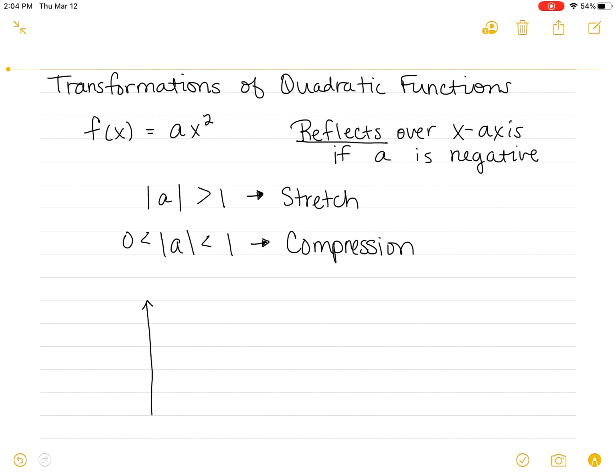Okay. Just looking at a couple of graphs, I want to remind you what happens graphically. If I have my x squared graph, so 1, 1, 2, I'm up here at 4. So this is y equals x squared.